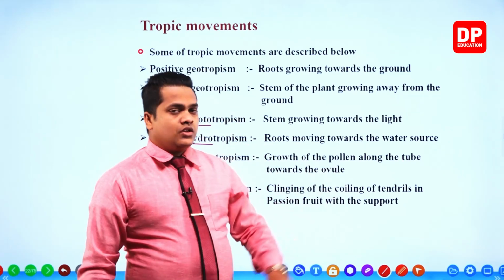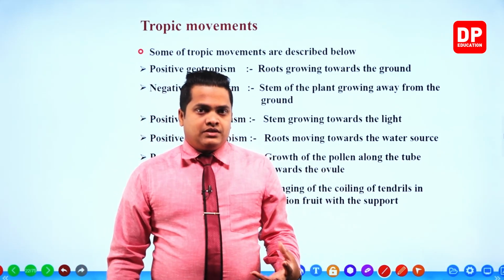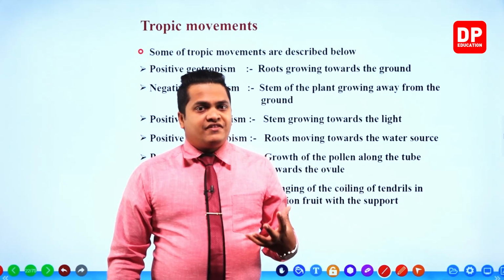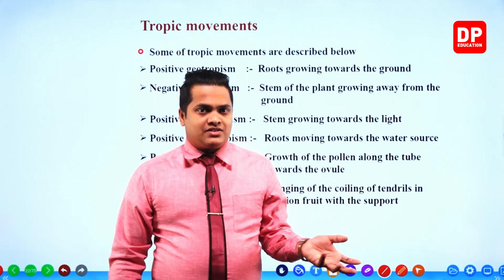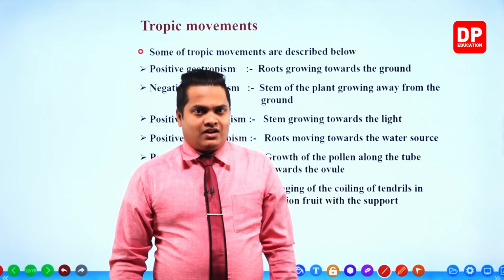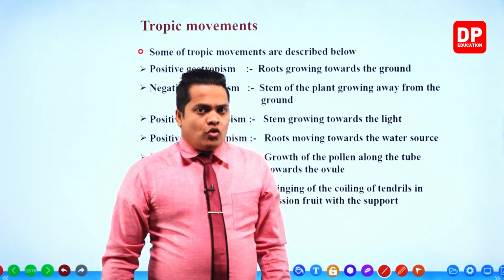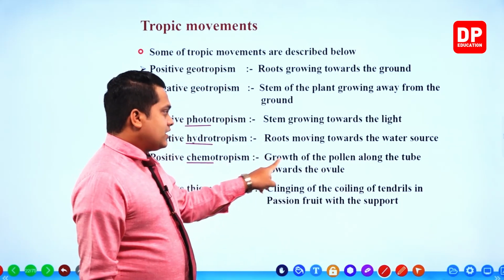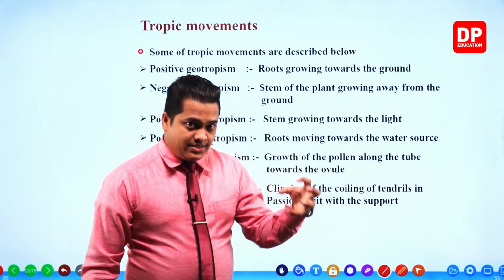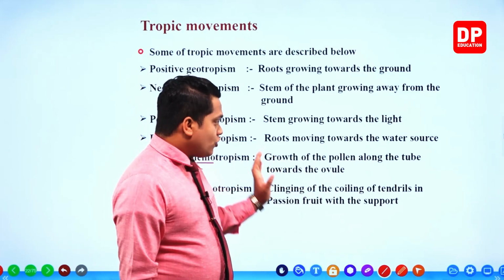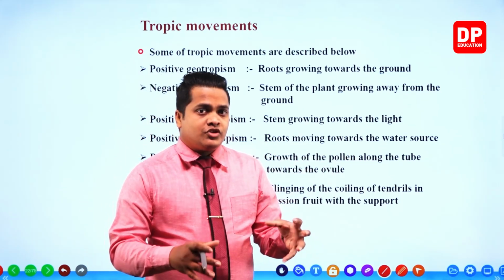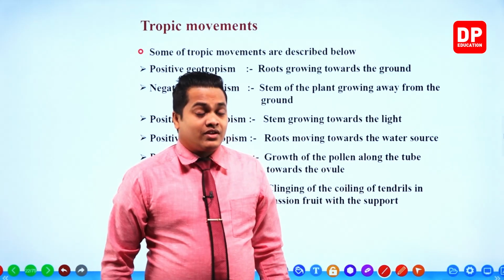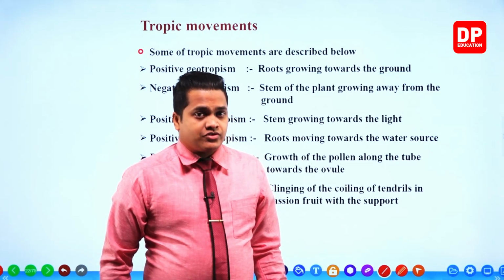Ovules are the female reproductive cells or female sex cells contained within a flower. So always, my dear children, the pollen, the male sex cells in a plant, grows along the tube towards the ovules, which are the female reproductive structures.